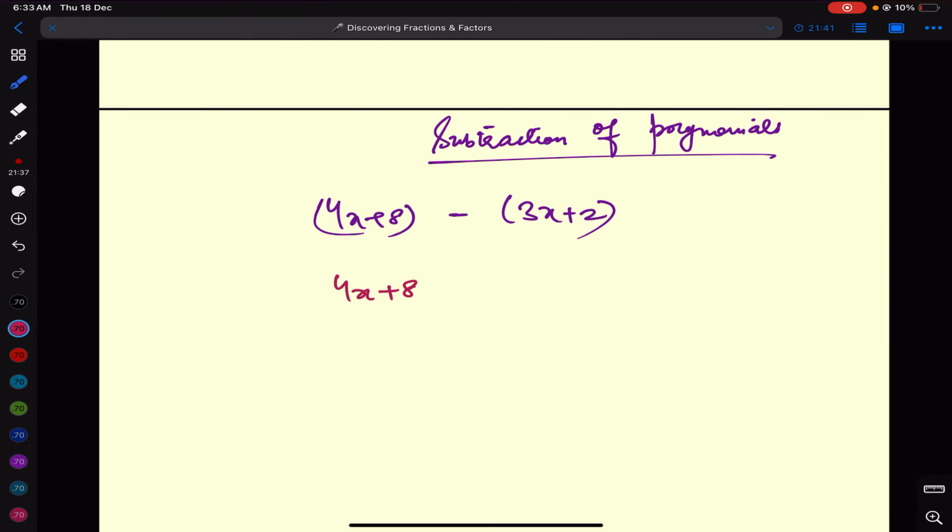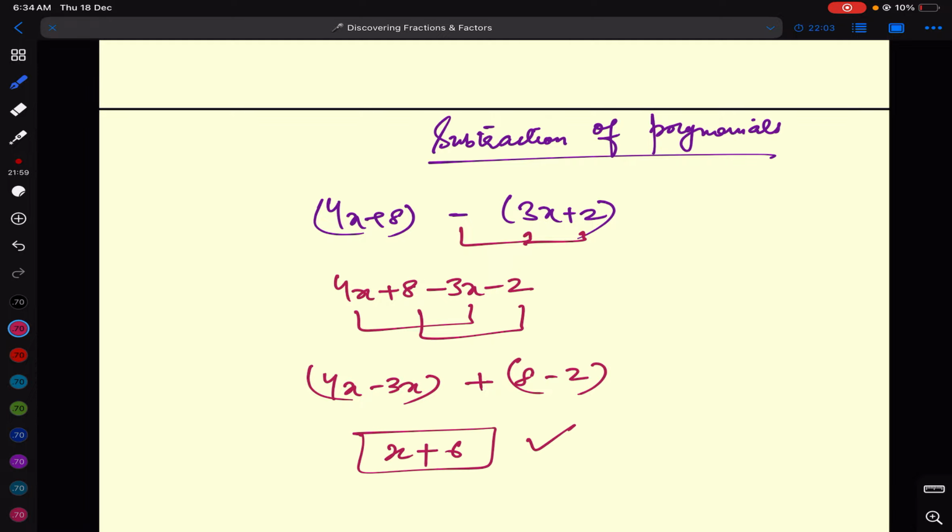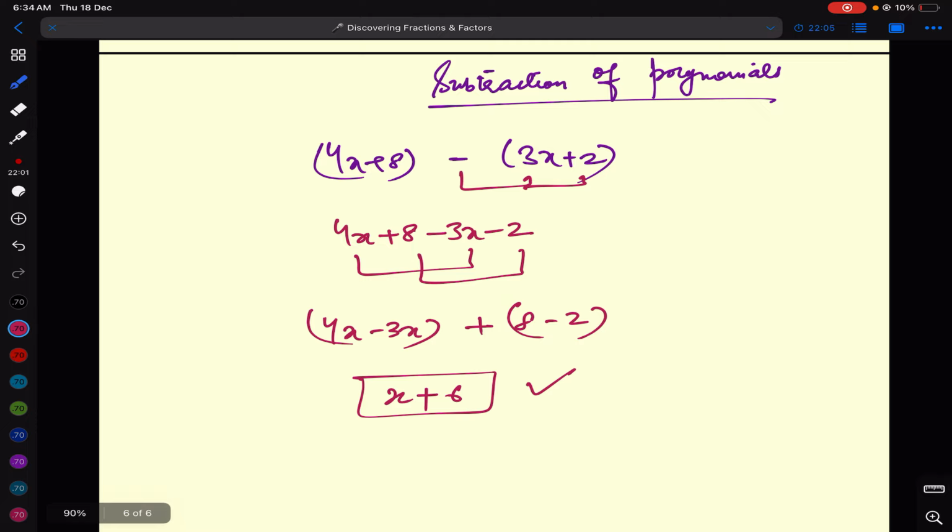Now the negative gets distributed to each of them while opening the parentheses, so this will be negative 3x, negative 2. Now I'll be combining these two like terms and these two like terms. So this will be 4x minus 3x and 8 minus 2. So 4x minus 3x is x and 8 minus 2 is 6. So this becomes my final answer. That becomes my subtraction of the two polynomials, and that is giving me x plus 6.